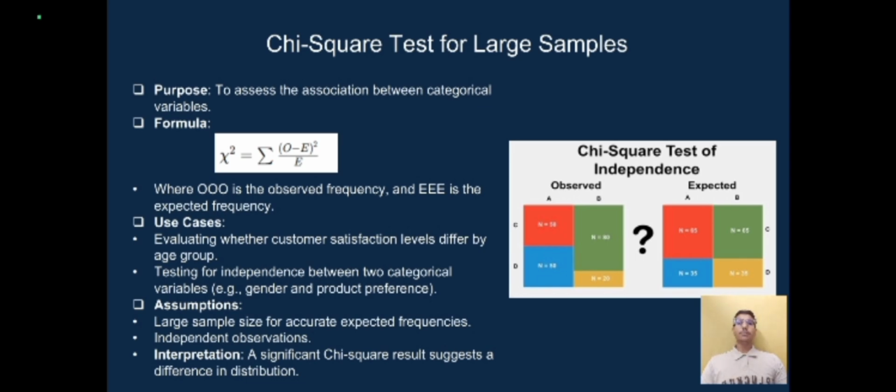Anytime you need to test associations between categorical variables. In our example of customer satisfaction by age, if the observed satisfaction levels significantly differ from expected ones, this suggests a relationship between age and satisfaction levels. And the assumptions are a large enough sample size to ensure accuracy in expected frequencies, and independent observations.